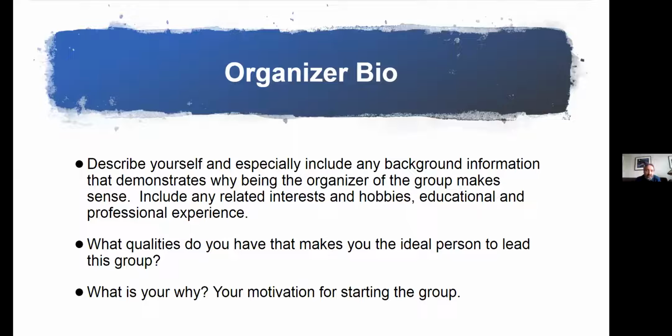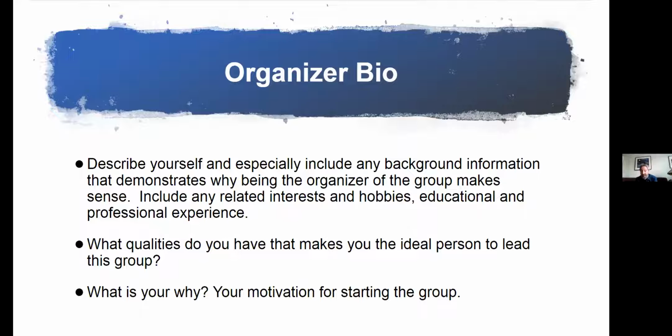They want to know something about you, not necessarily just what makes you qualified to lead your group, but why you started the group, including any related interests and hobbies, and relevant educational and professional experience. Again, that underscores your ability to provide a great, informed experience for people.